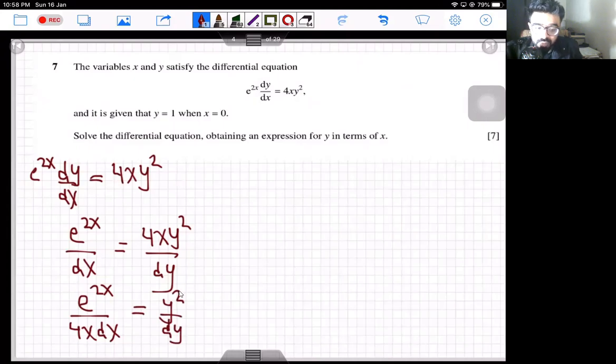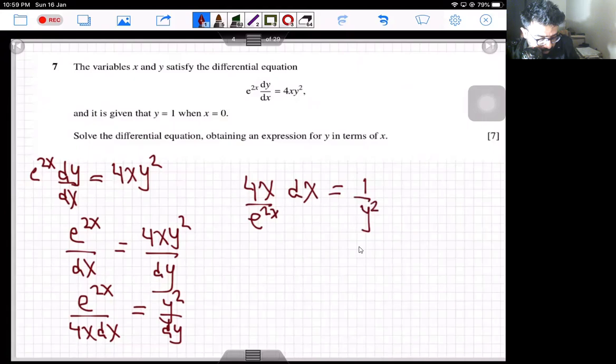Okay, so now we can reverse both of these fractions, such that we write 4x divided by e raised to the power 2x multiplied by dx, and 1 over y squared multiplied by dy.